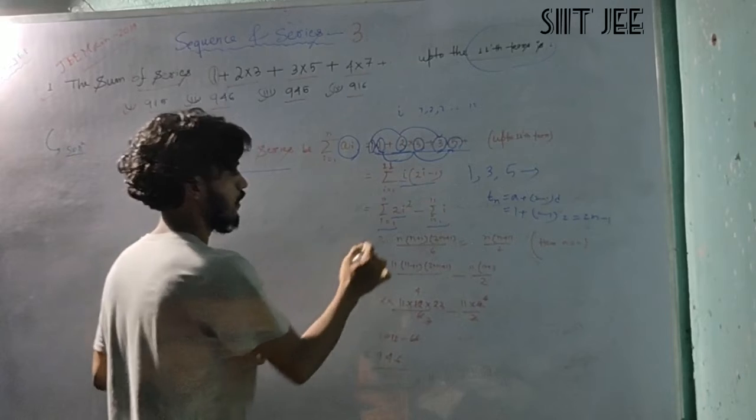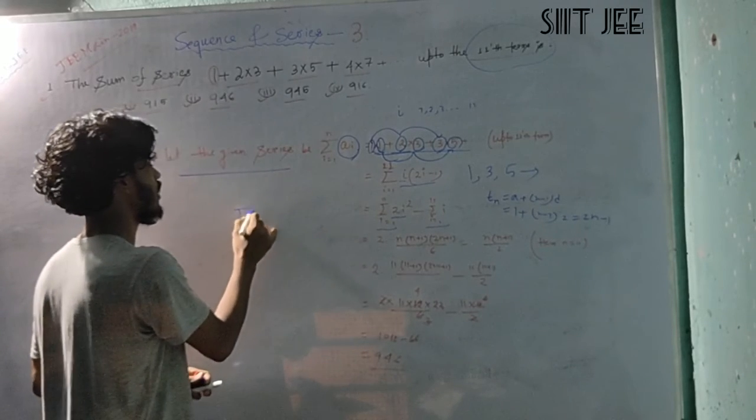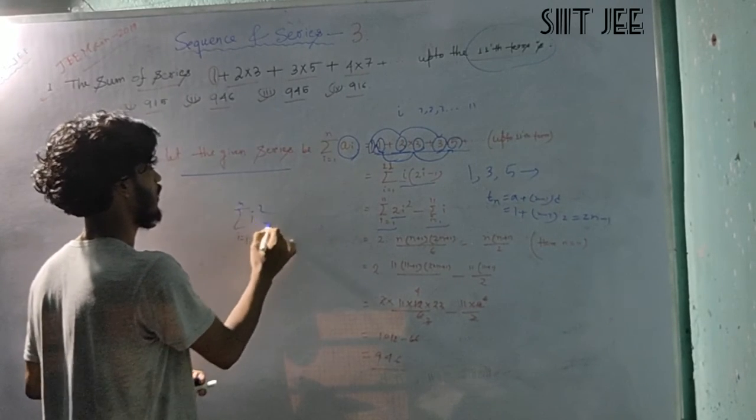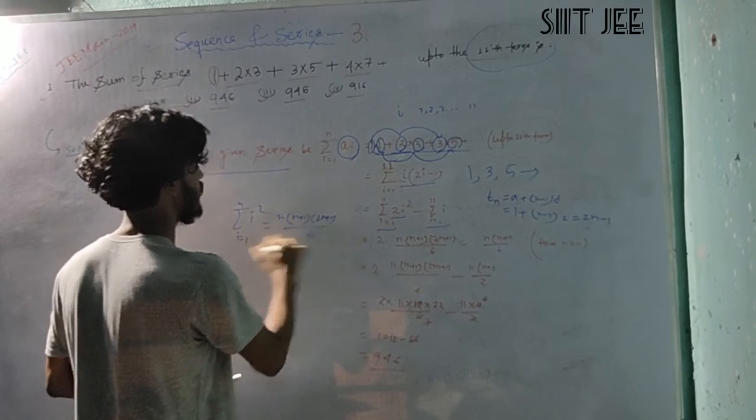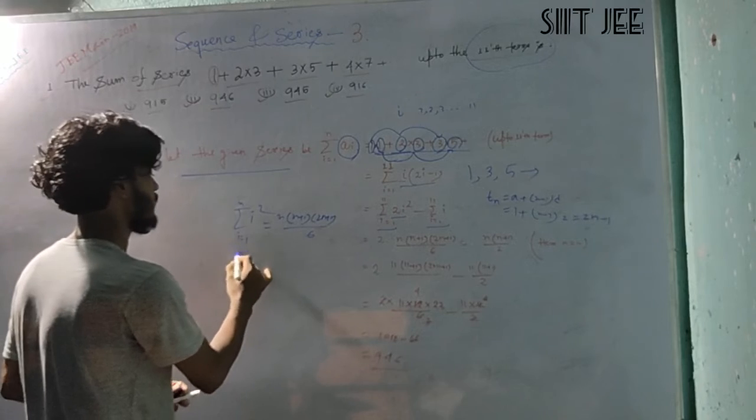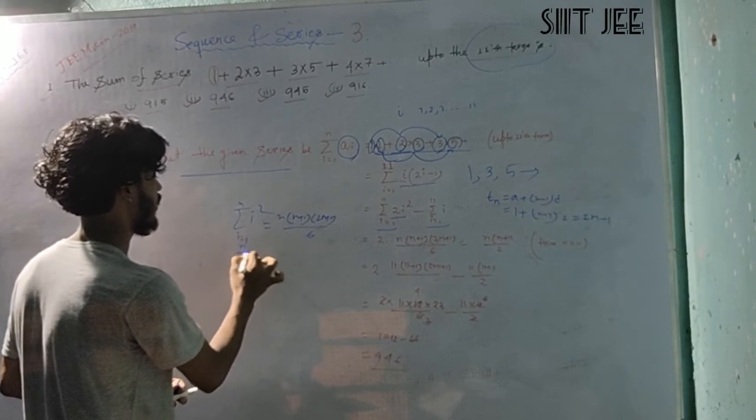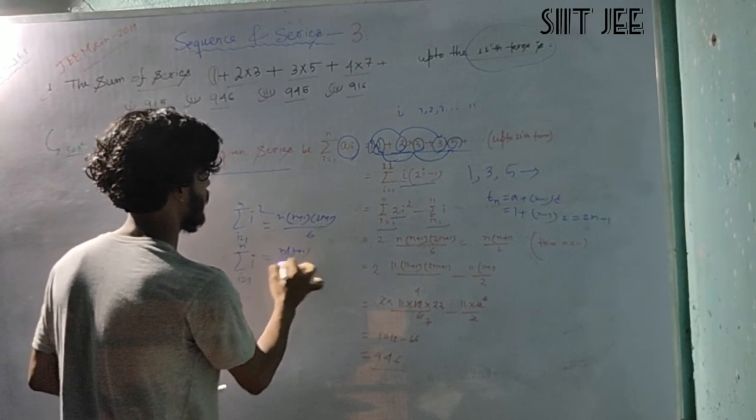summation i from i equal to 1 to 11. Now we have the formula summation i square, i equal to 1 to n, is n into n plus 1 into 2n plus 1 divided by 6. Again summation i equal to 1 to n is n into n plus 1 by 2.